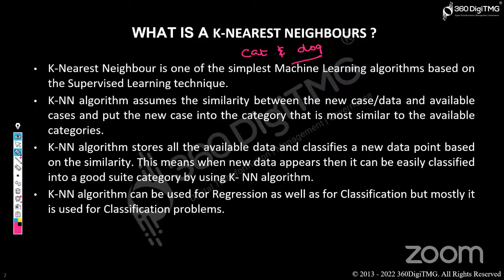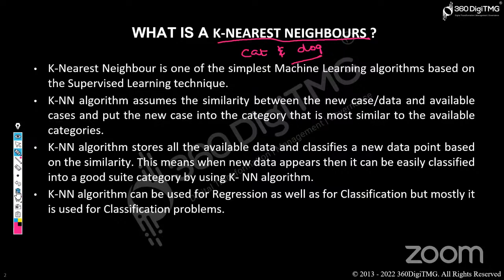For this kind of identification, we can use a KNN algorithm. The KNN model will find the similar features of the new data to the cat and dog images, and based on the most similar features, it will put it either in the cat category or the dog category.